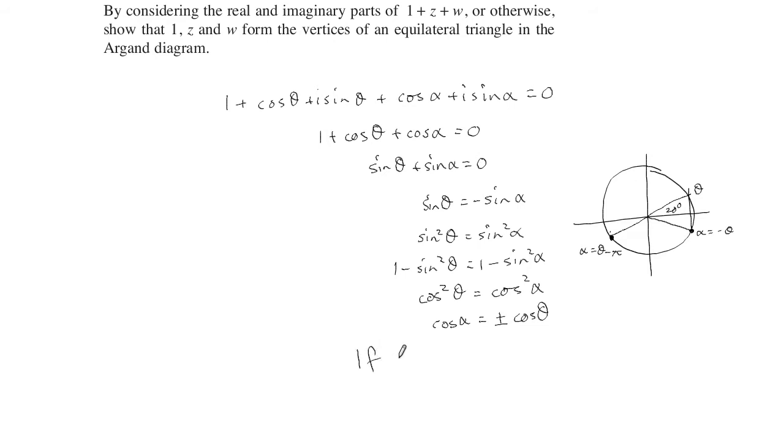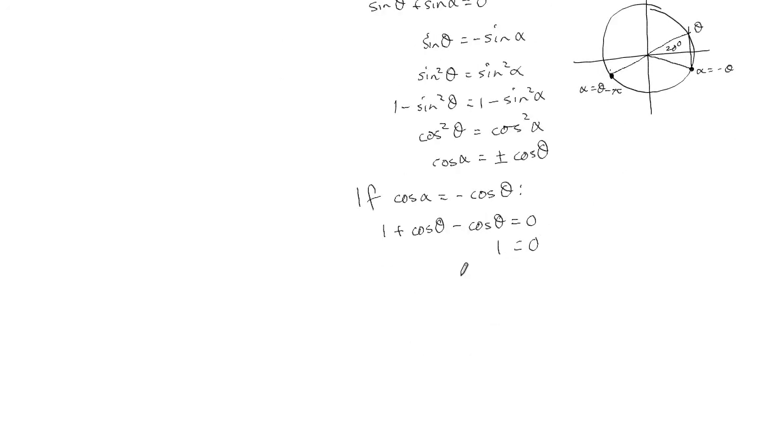We could do, if cos alpha equals negative cos theta, then we can plug that into this equation here. And then those cancel and you get 1 equals 0. So obviously that doesn't work. So you could say no solution.